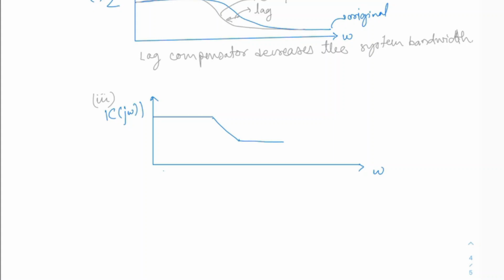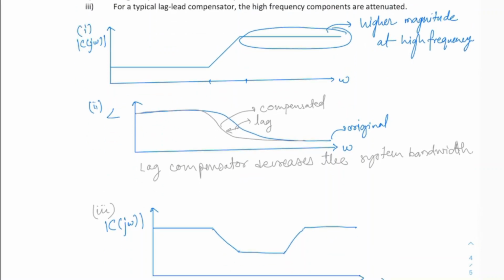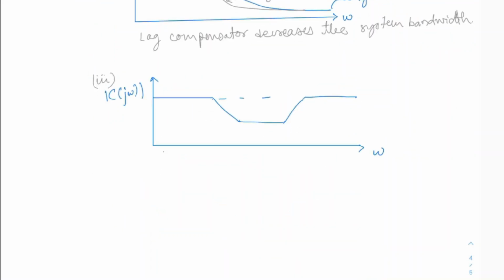This is the portion of the lag compensator, and this is the portion of the lead compensator. So for a typical lead lag compensator, the high frequency components are attenuated. No, they are not. They are held almost the same as the low frequency components.